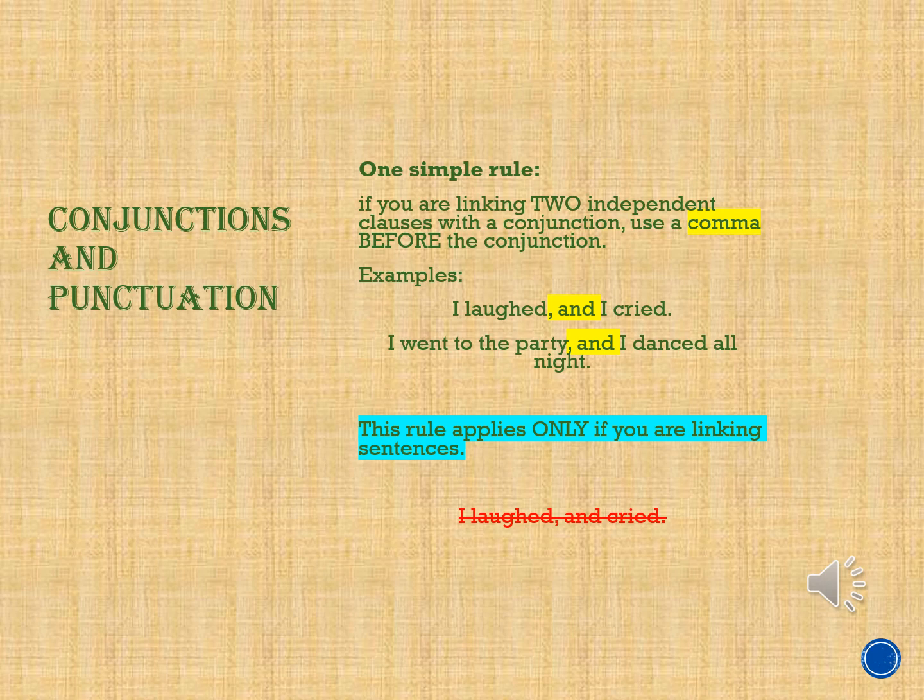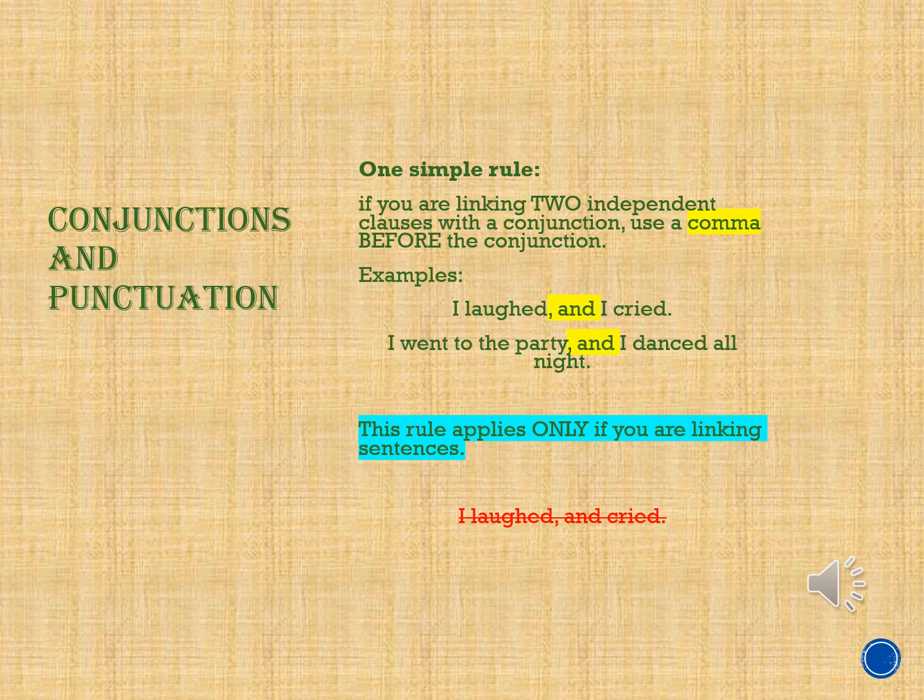To summarize this presentation, which I walked you through in class and also here with the presentation, something that you have to remember is this one simple rule. If you are linking two clauses with a conjunction, use a comma before the conjunction. That's the rule that you have to remember. And also remember that these clauses need to be independent clauses.